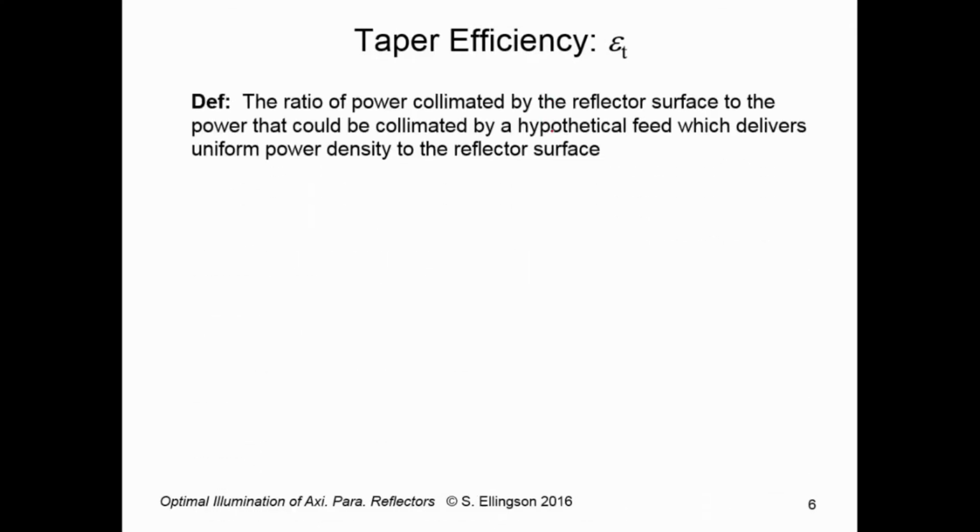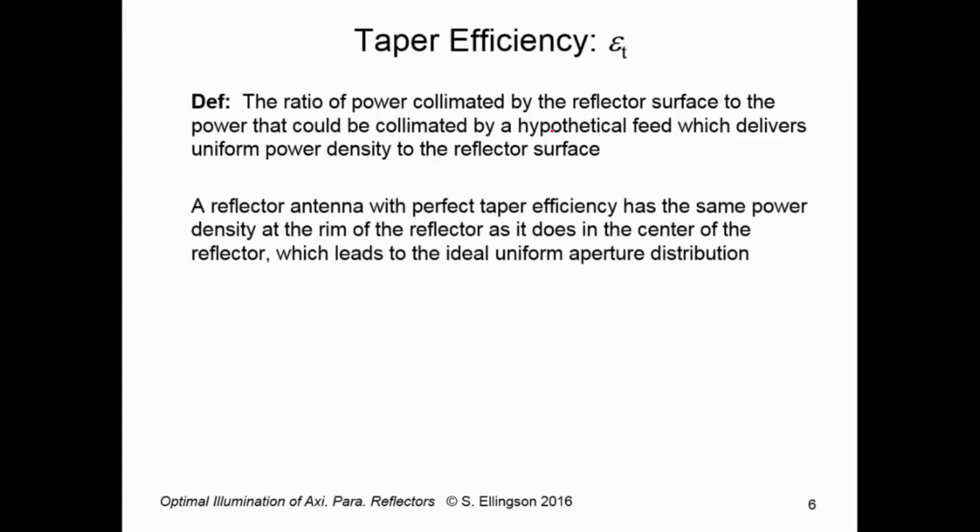So taper efficiency. That's the ratio of power collimated by the reflector surface to the power that could have been collimated by a hypothetical feed which delivers uniform power density to the reflector surface.